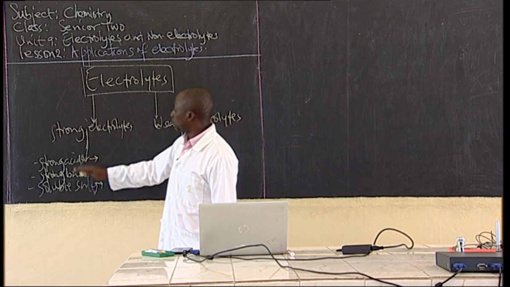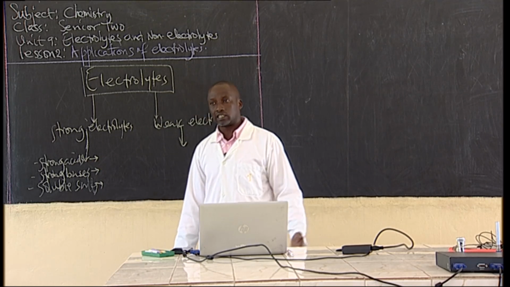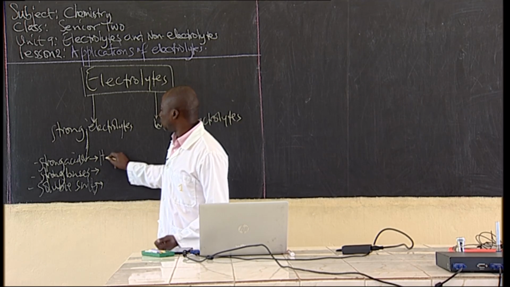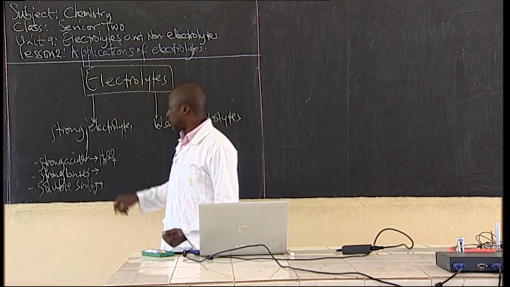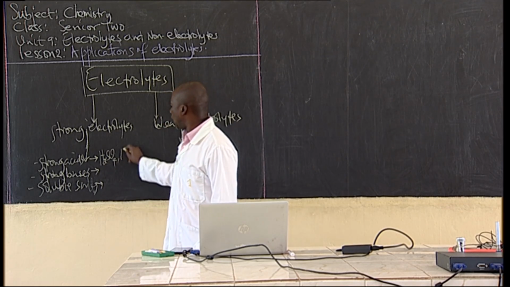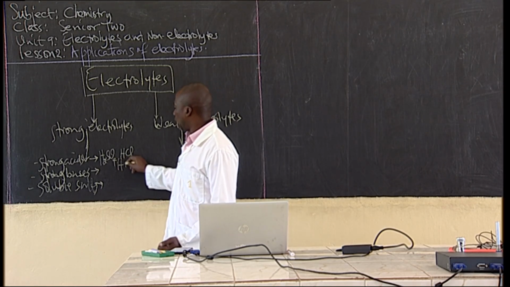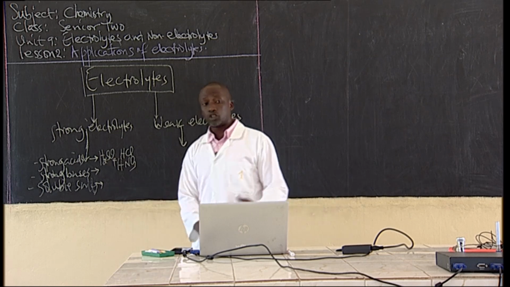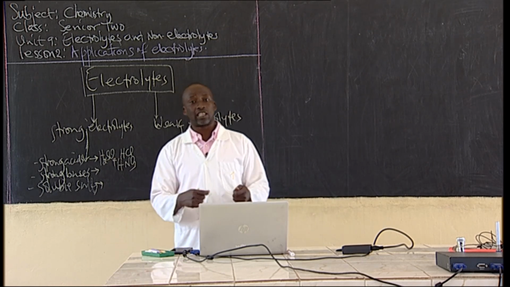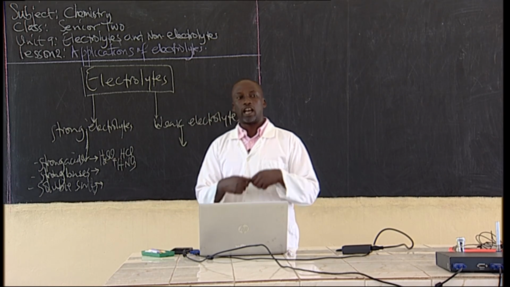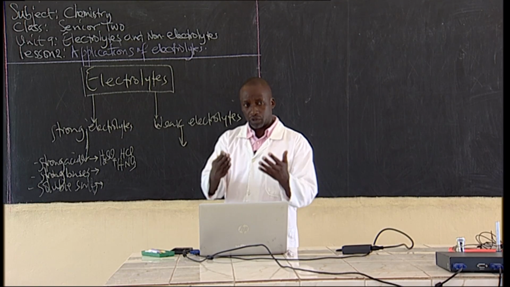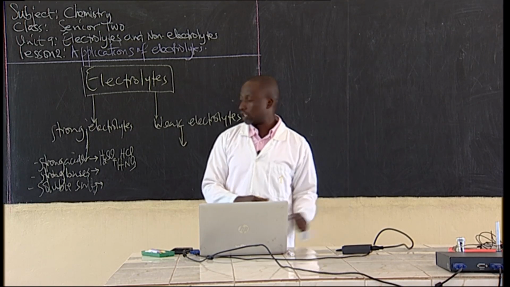For example, if we talk about strong acids, then what comes into your mind? Sulfuric acid must be there. You should have hydrochloric acid, then nitric acid. In solution form, all these are very soluble in water, and they form ions, so they are able to conduct electric current.